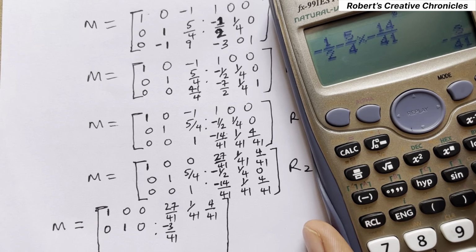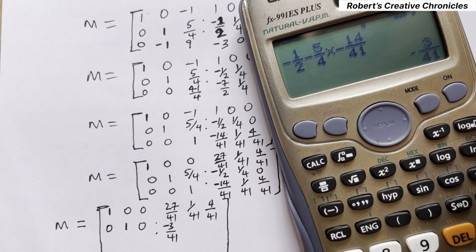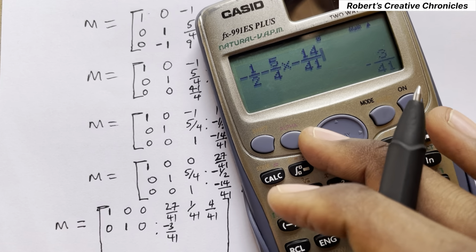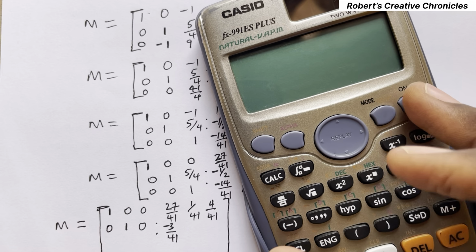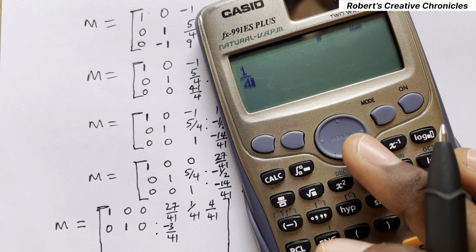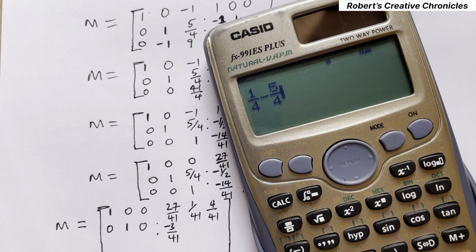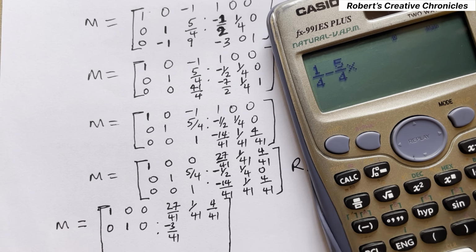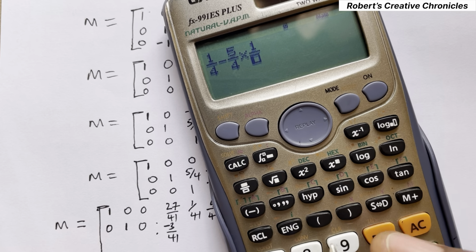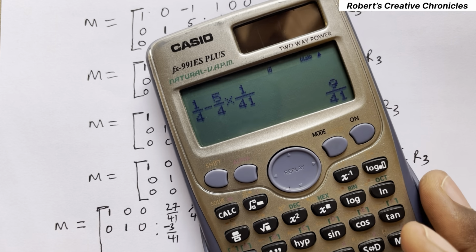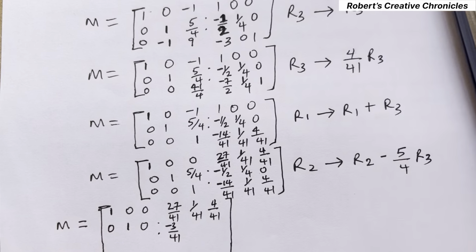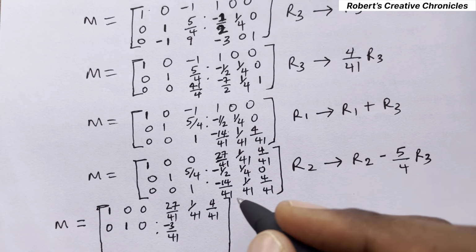Then the next one is 1 over 4 minus 5 over 4 times 1 over 41. So it's 9 over 41.